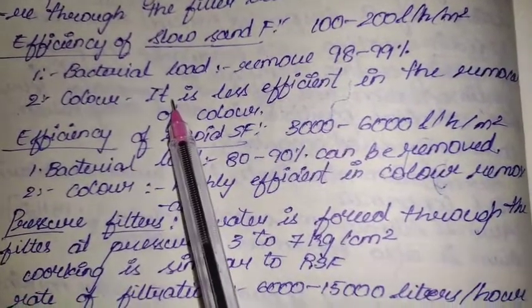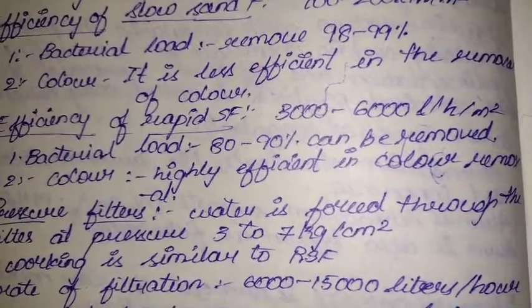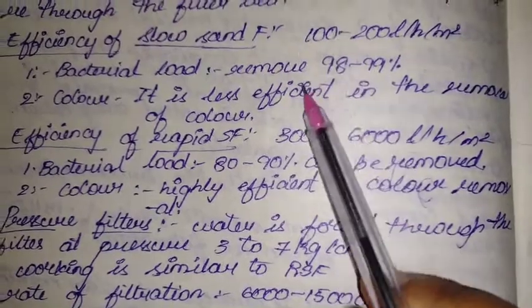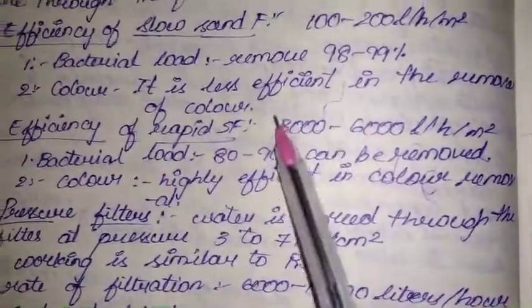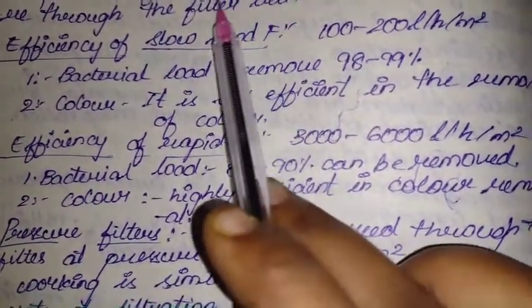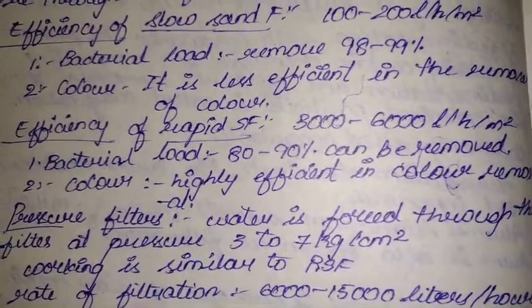First one is bacterial load, that is how efficient it is to remove the bacteria present in the water. It can remove 98 to 99% of bacteria. And color, it is less efficient in the removal of color. We already discussed this part. Slow sand filter is less efficient in removing the color.